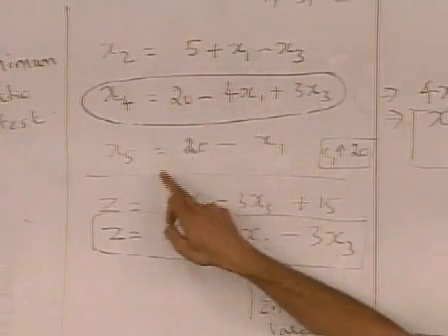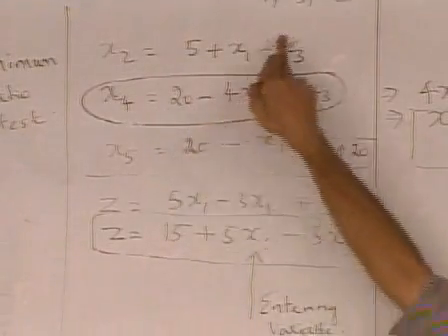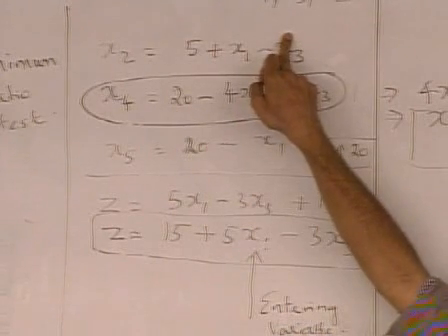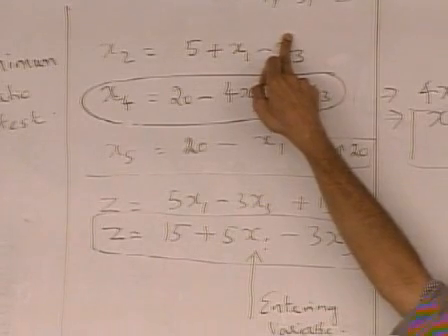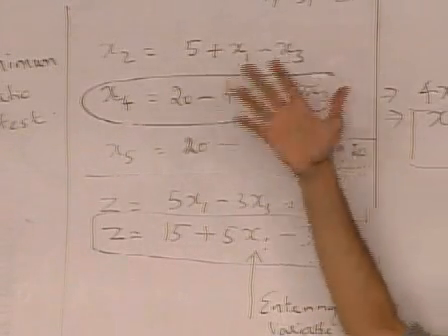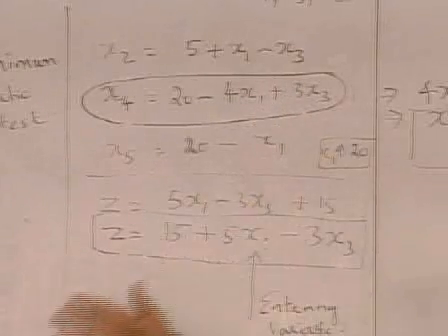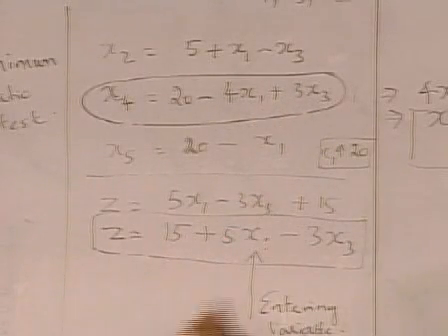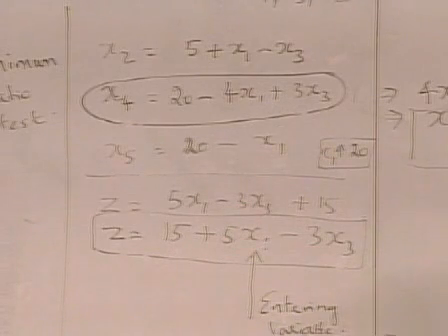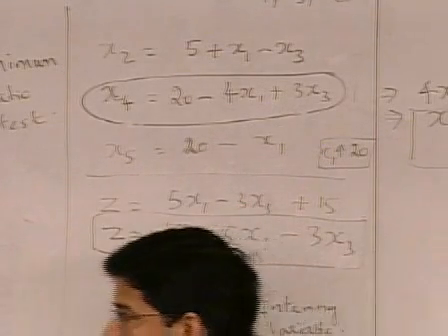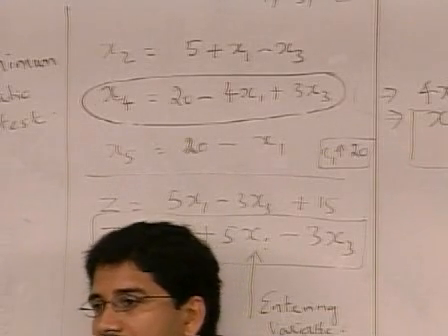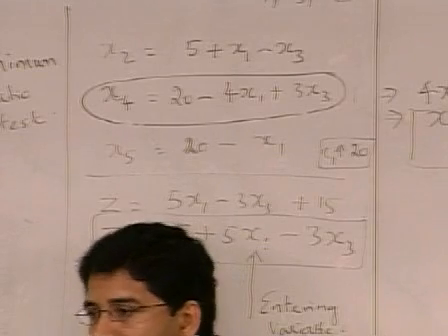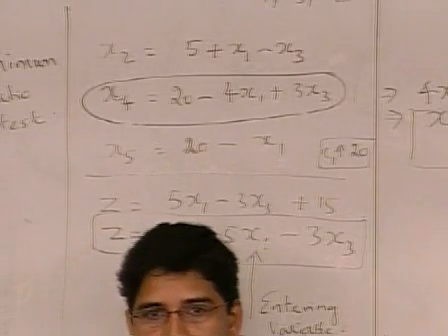So x5 would occur here, here, and here, and it is still a basic variable. It's still a dependent variable. And so it doesn't satisfy the properties that you wanted of your dependent variable, which is that you want every dependent variable to occur exactly once, and every equation to have exactly one dependent variable or basic variable.